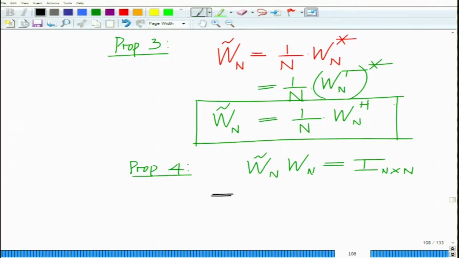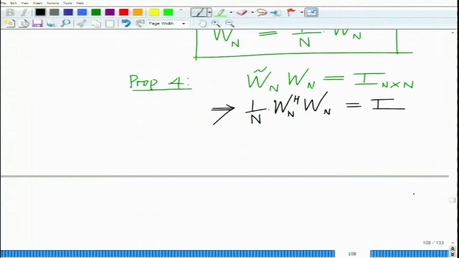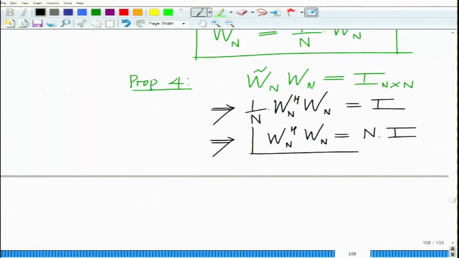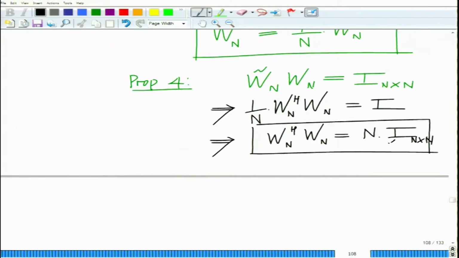This implies that, since Wn tilde is 1 over n Wn Hermitian, 1 over n Wn Hermitian Wn equals identity, which implies Wn Hermitian into Wn equals n times the identity matrix. This is your property number 4, that is Wn Hermitian into Wn is n times the identity matrix. This is an n cross n identity matrix.